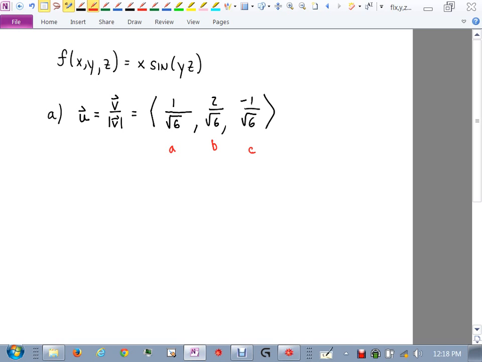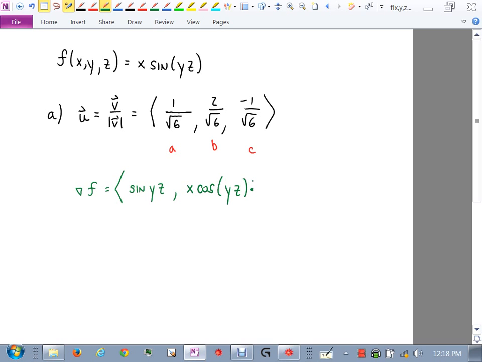Now I need the partials, right? So let's get the gradient. What's the partial of that with respect to x up here? Sine yz, right? Sine yz. What's the partial of this with respect to y? So x is like a constant, so just bring it along for the ride. Derivative of sine of something is cosine of that something.